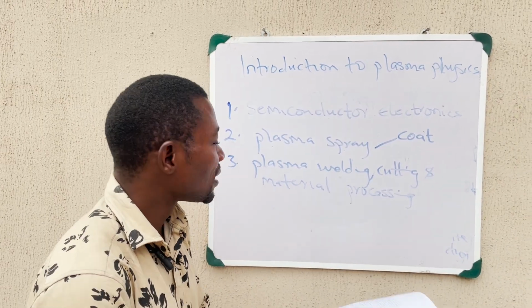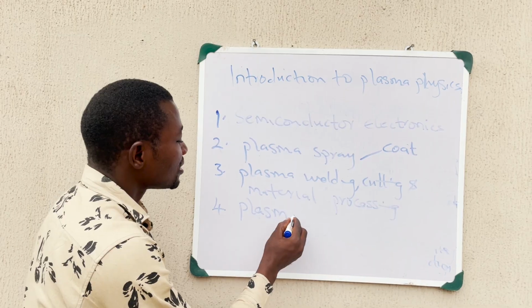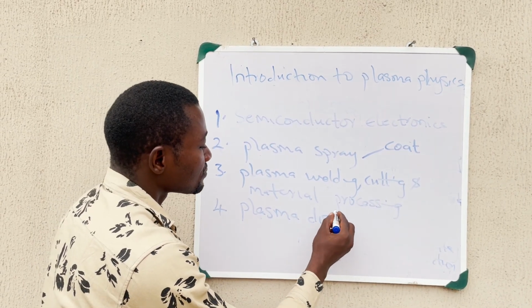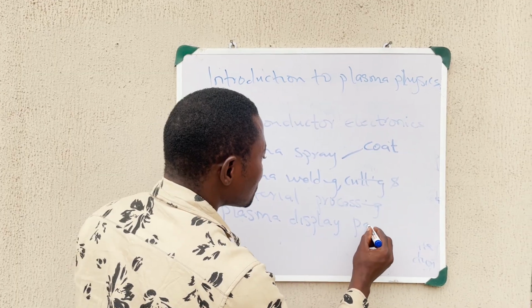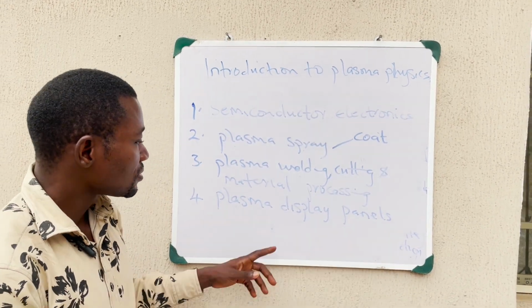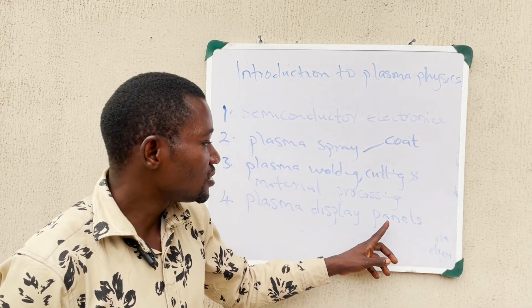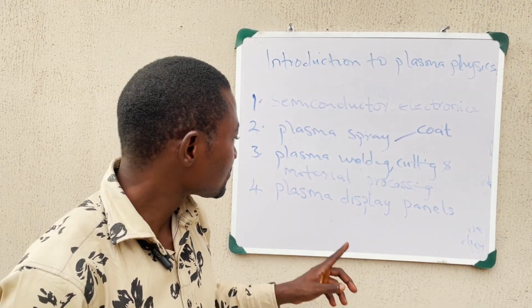We also have the plasma display panel. Plasma display panel is another area where we talk about application of plasma. These days, the use of plasma television is the order of the day.